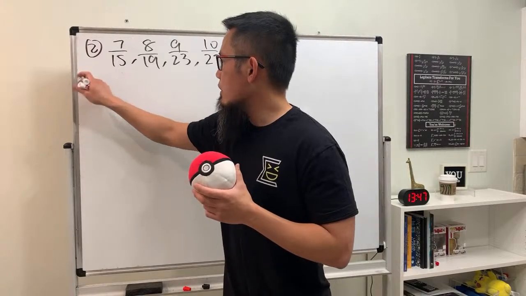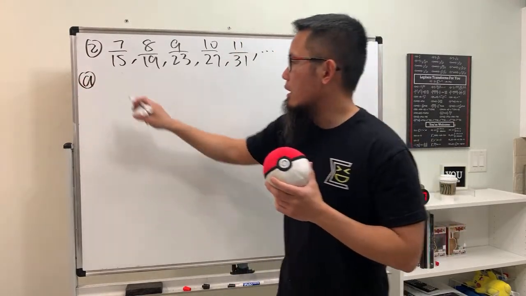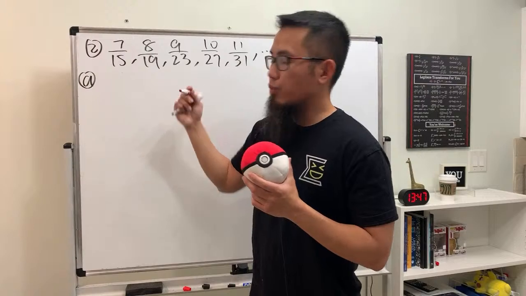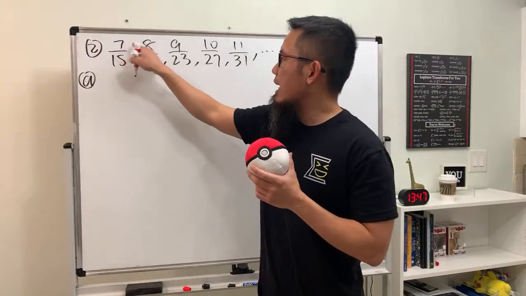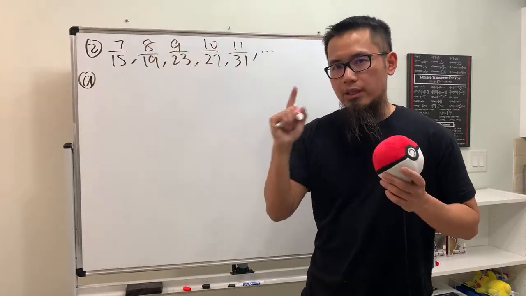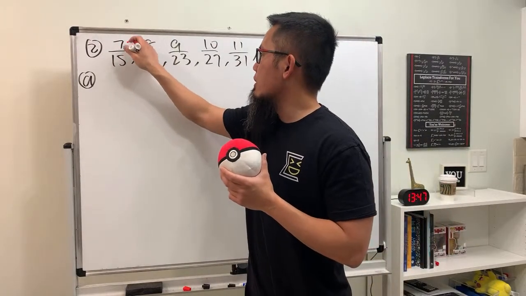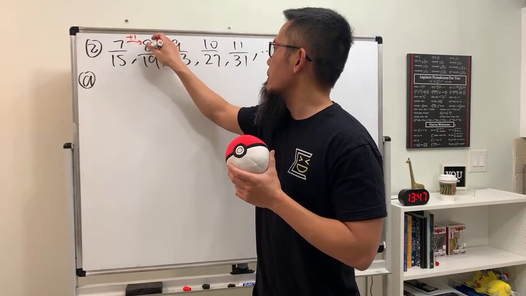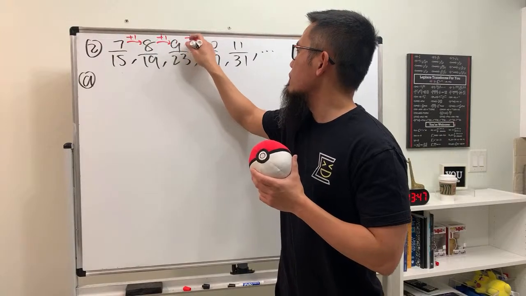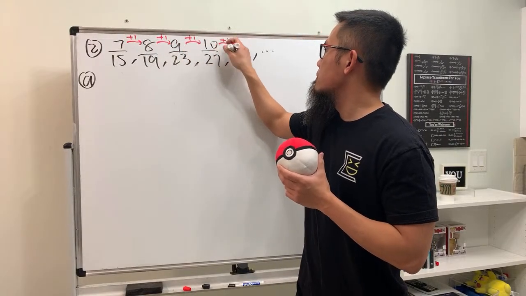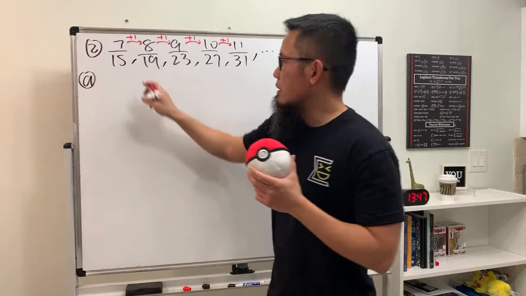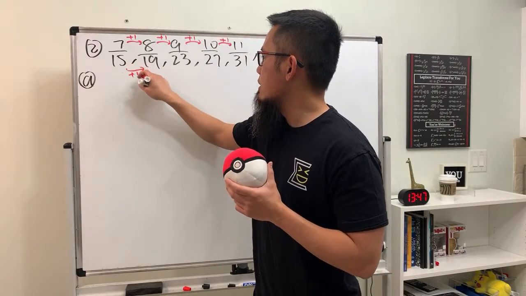So we're going to figure out a formula for a_n, and for this, I'm going to just write this down for you guys. Notice that the top is just always adding 1, so just kind of make a note of that. It's +1, +1, +1, +1, and so on. And on the bottom, it's always +4, isn't it?